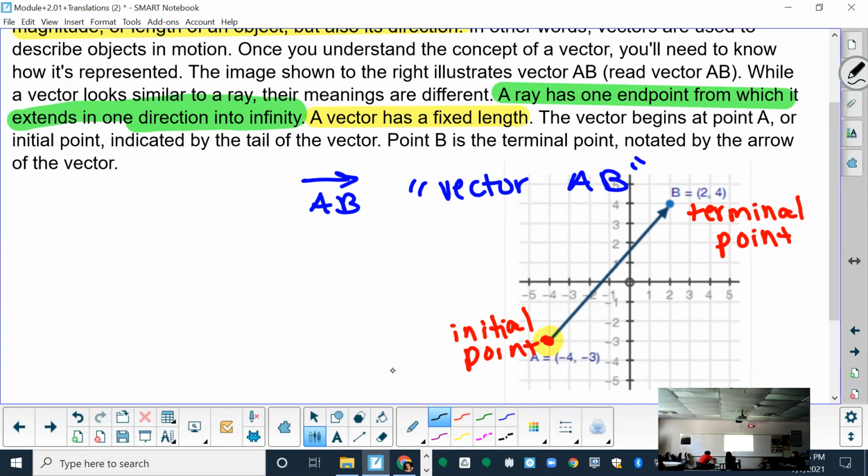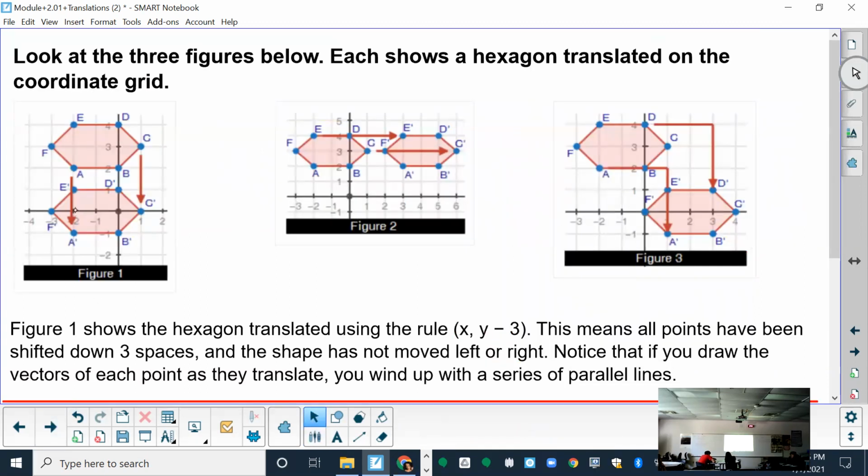All right, so now we are going to look at 3 sets of figures. All of them are translated. It's just that some of them have movement in one direction, some of them have movement in 2 directions. So over here, starting with figure 1, this is the rule.